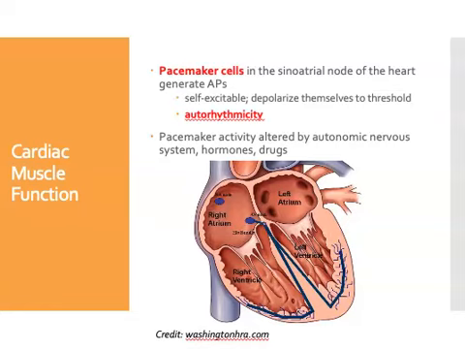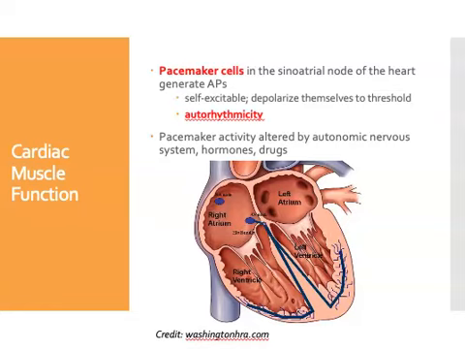They have a trait, a characteristic called autorhythmicity. They are capable of reaching depolarization by themselves. They are self-excitable. They bring their own membrane to threshold. They generate their own action potentials.